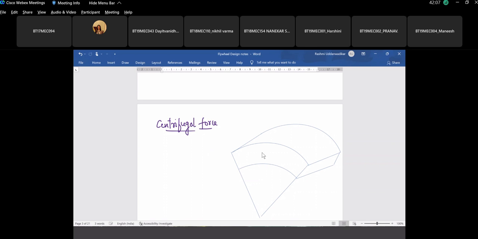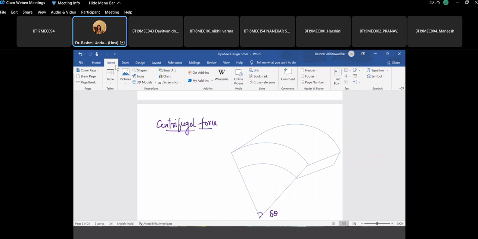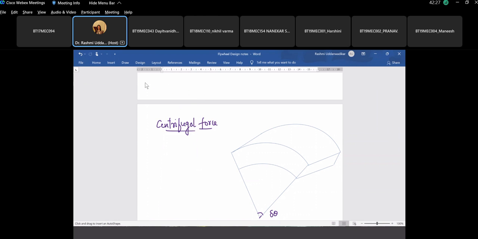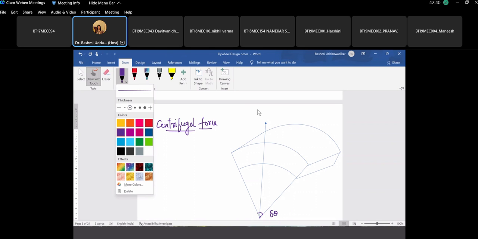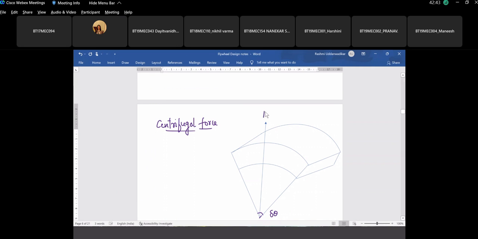I'm taking a small section of the flywheel, assuming this to be small. Let this angle be delta theta. So in an exaggerated view, as you can see, the centrifugal force is acting away from the center with this value as Fc.